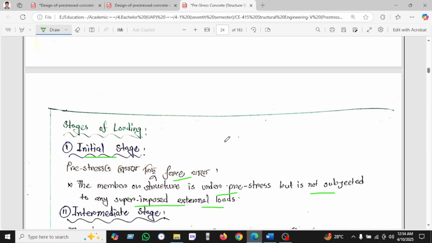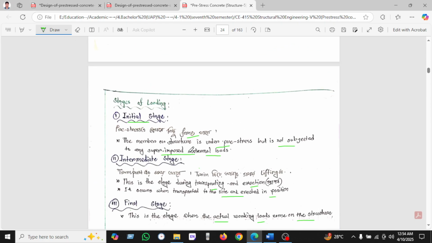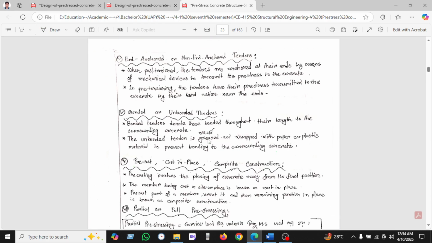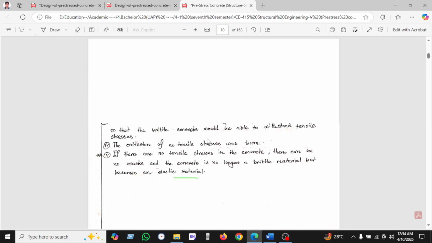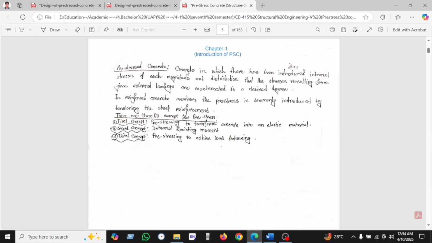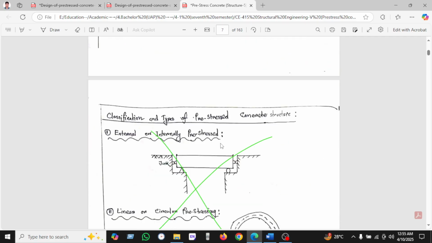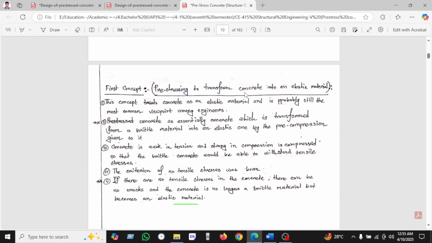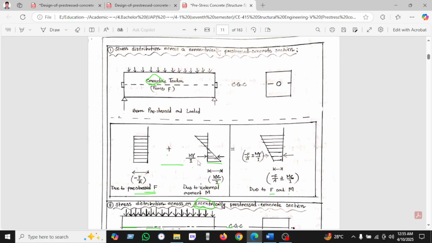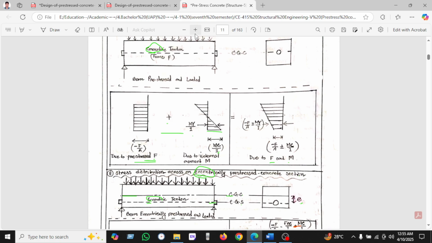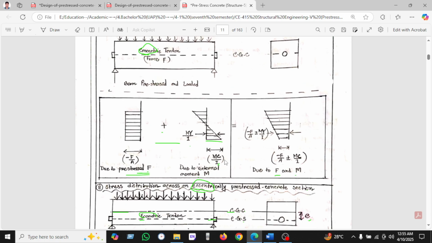If you have any questions, you can ask me without doubt, and I will see here. I will just classify here. These are the definitions, and these are the differences between prestress and RC. Why prestress is better, we can see here. Then we did the first concept, prestressing transformation into elastic material, and saw how the stress comes: load stress and moment stress.